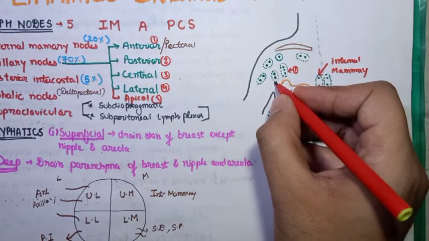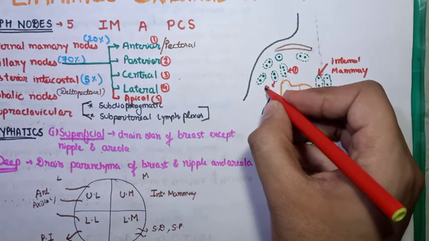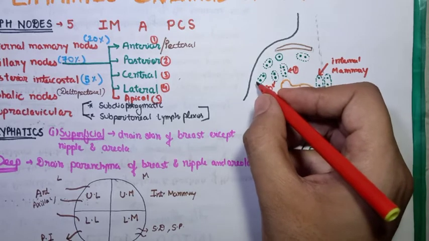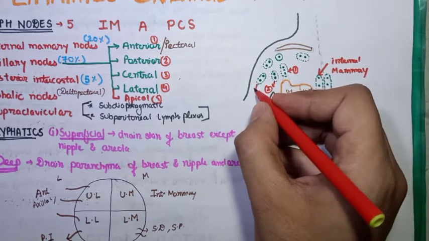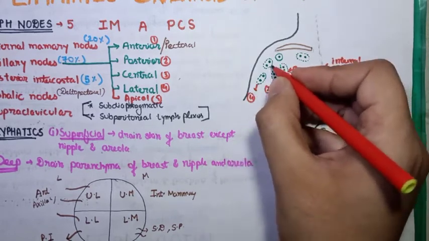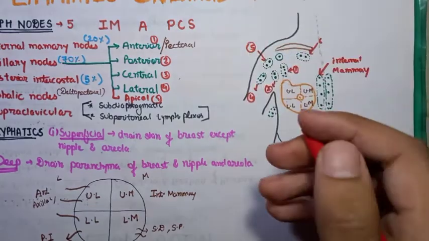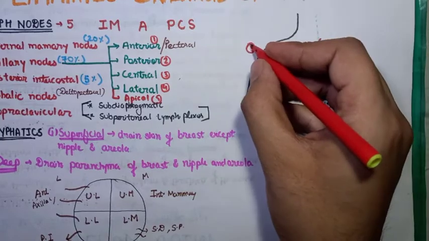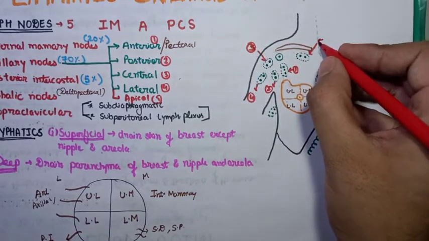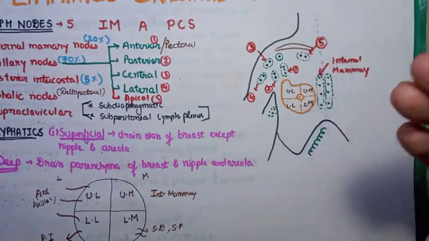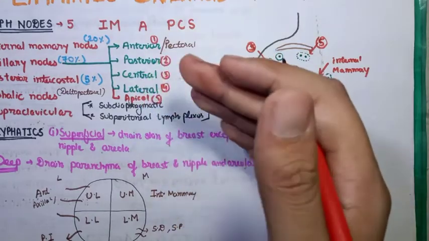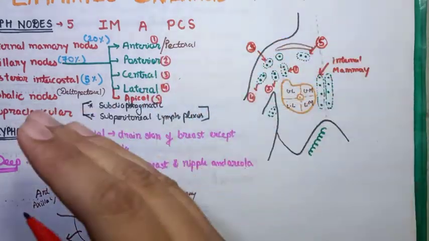Then next to it will be the posterior, and this is the most lateral, that's why it's called the lateral group, number 4. The central will be number 3, and the apical will be number 5. So these are the apical, lateral, central, posterior and anterior axillary nodes.